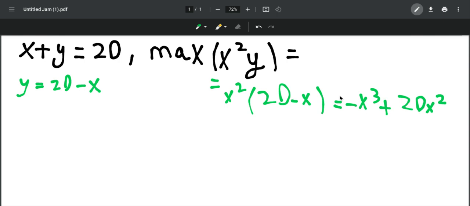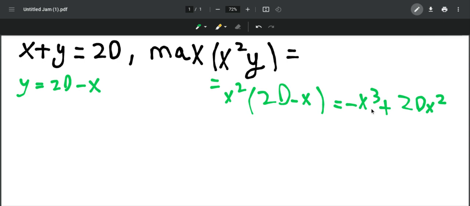Now our job is much simpler because we have it in terms of one variable. We have a function and we want to find its maximum value. How do we find it? We can use derivatives. If we had a quadratic function, we could find the vertex and that would be the maximum value.